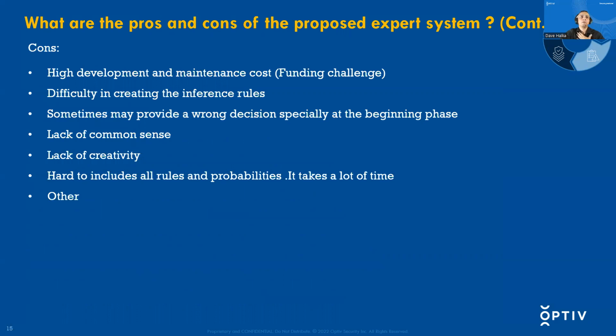But we have a problem here in the cons. The first one is funding. This type of system takes a lot of money, so I'm not sure yet what's going to happen about that.